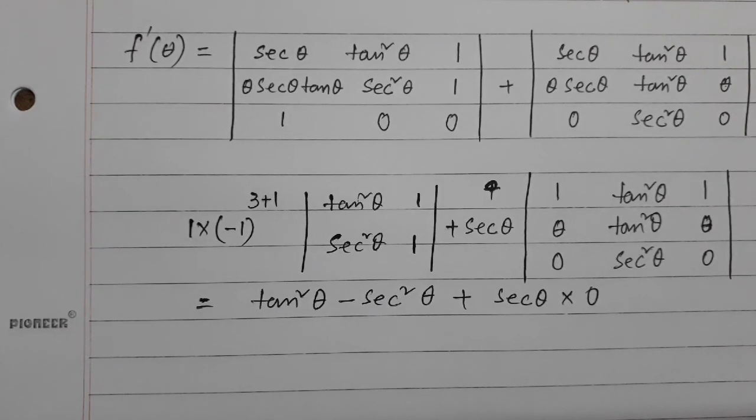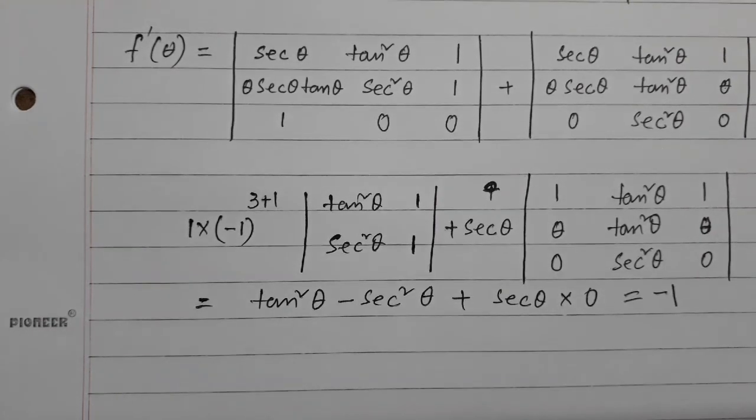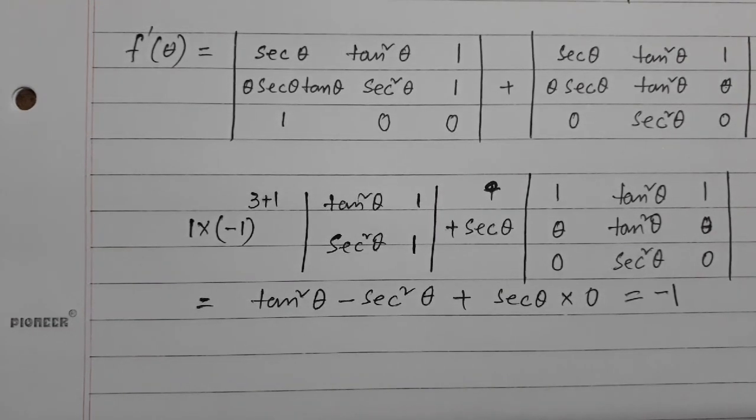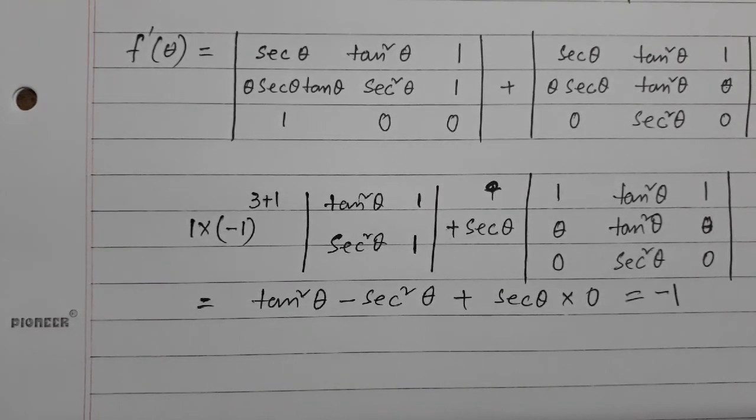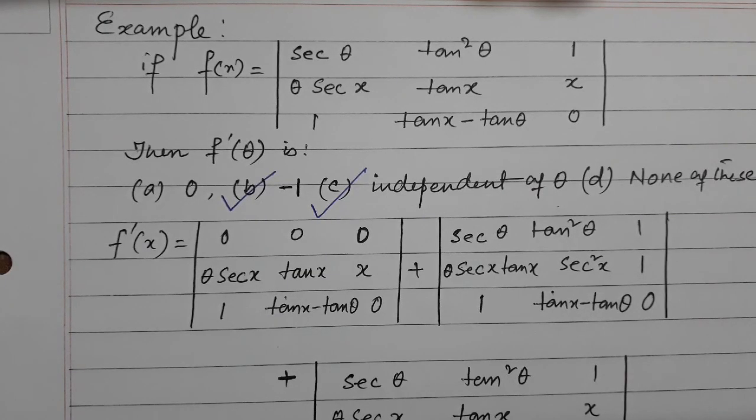And since we know secant square theta minus tan square theta equals 1, tan square theta minus secant square theta will be minus 1. So therefore we can say that this value f dash theta is independent of theta also. So therefore the options will be both B and C. Thank you.